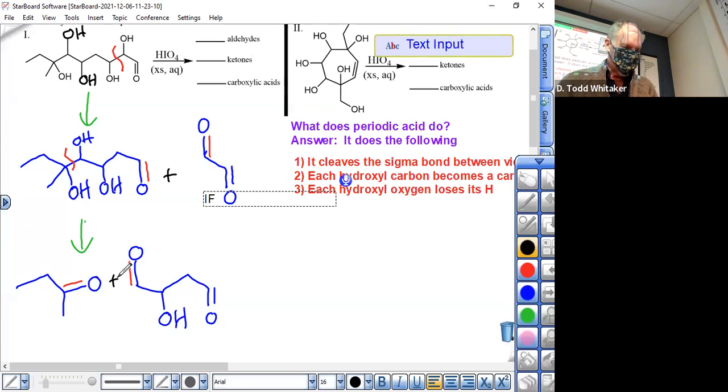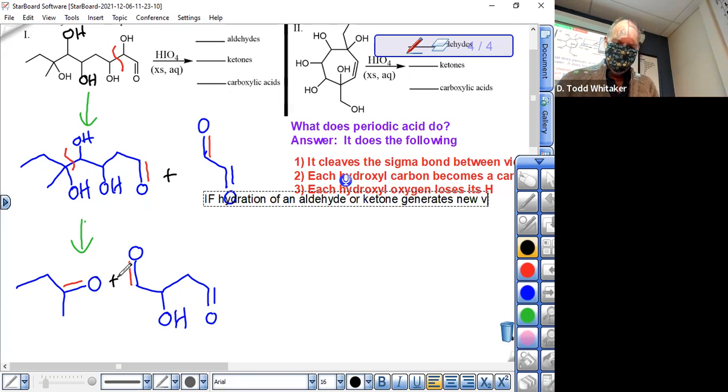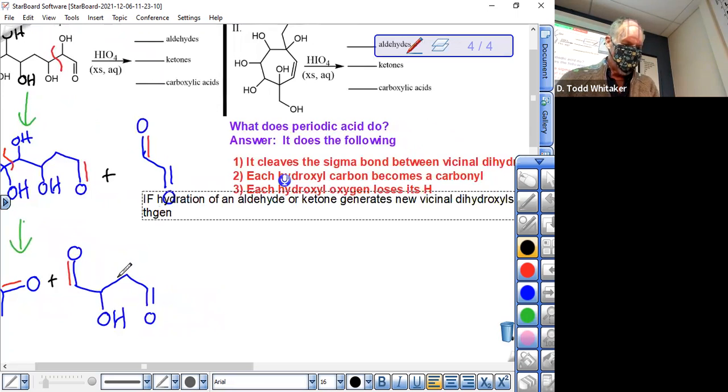If hydration of an aldehyde or ketone generates new vicinal dihydroxyls, then that must be done as well, and then do 1, 2, 3 again.